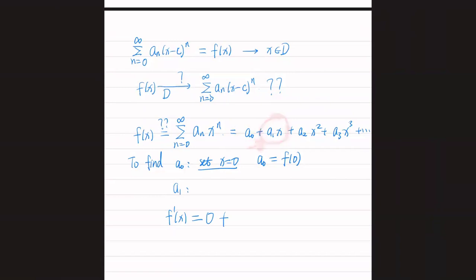Just A1. And if I take a derivative of this term, what do I get? 2 A2 x. And third term, if I take a derivative, what do I get?